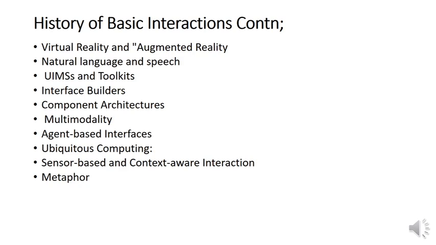Then natural language. Fundamental research for speech and natural language understanding and generation has been performed at CMU, MIT, BBN, IBM, AT&T, Bell Lab, and Bellcore. Much of it was government funded.